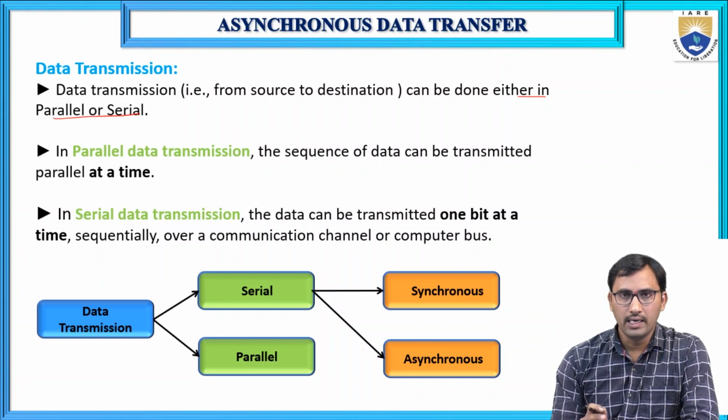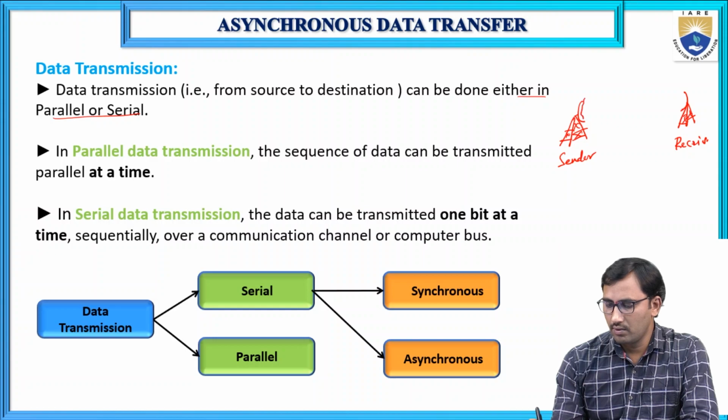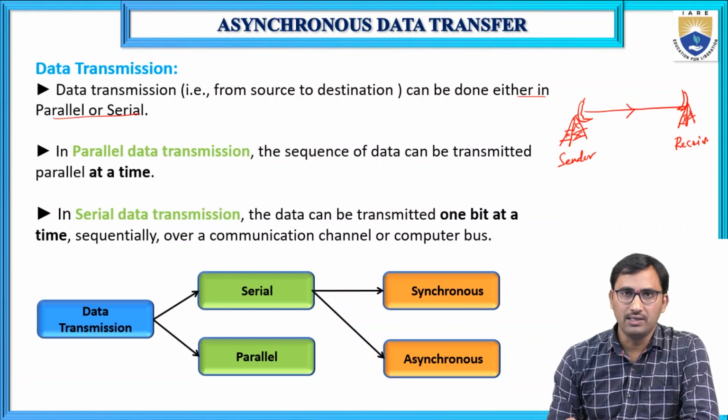So here we have a transmitter and we have a receiver. So this is a sender, this is a receiver. So we are transmitting the data from the sender to the receiver.